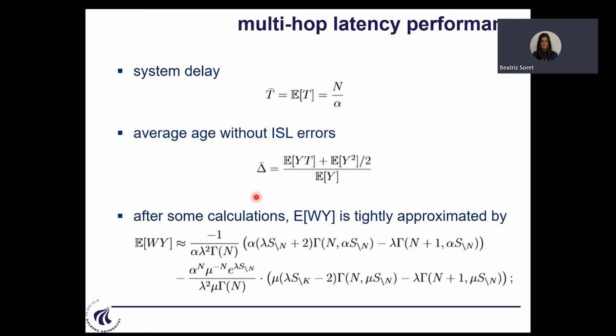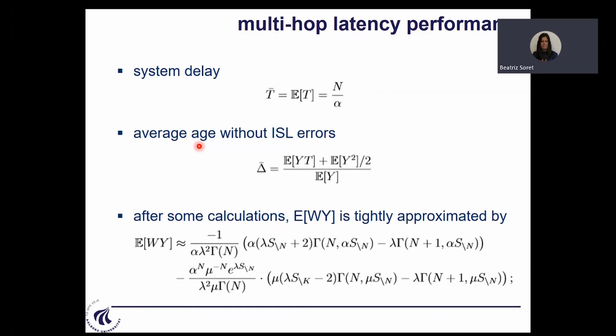And it is just scaled, assuming that all satellites are equal in these results that I will present. So it's just scaled by the number of hops that you have, so the number of nodes. And then we will also see results of the average age, with and without errors. So we will also see a little bit the trade-off with the reliability.